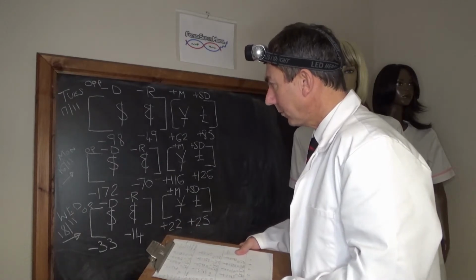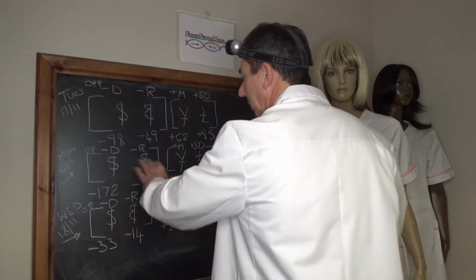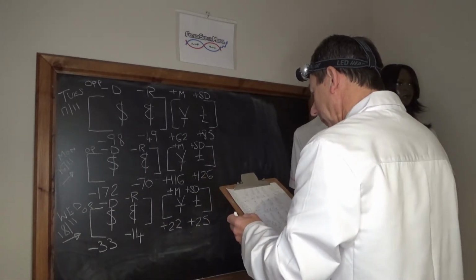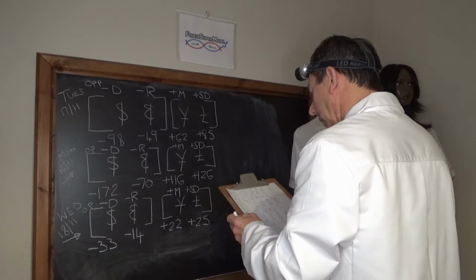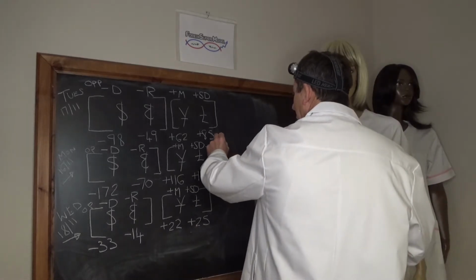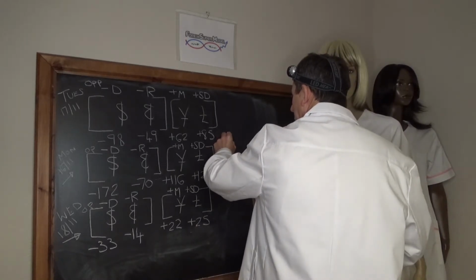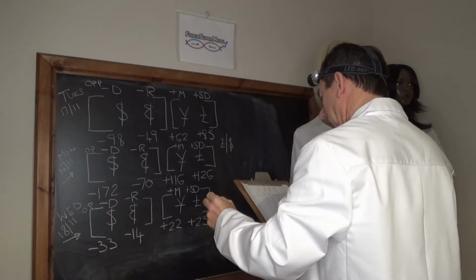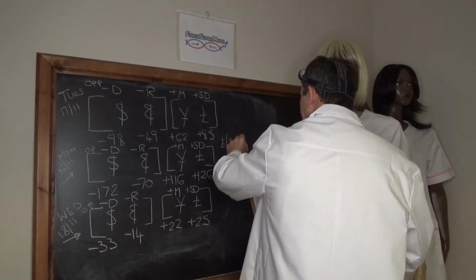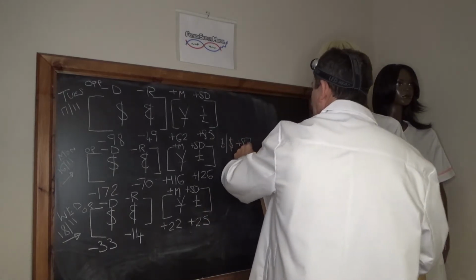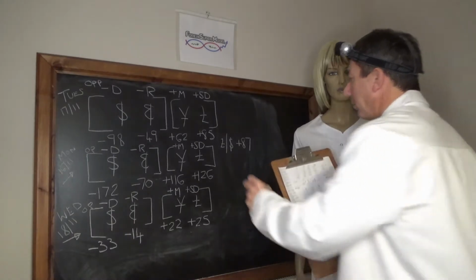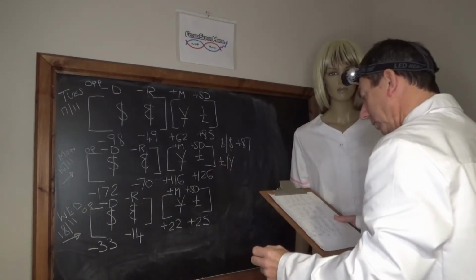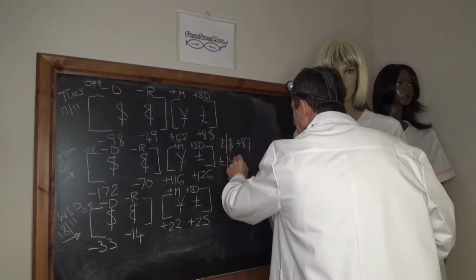Now, if you look at what's happened so far this week, the pound dollar has actually gone up 87 points from the Monday open, and the pound yen is actually now at zero, right?